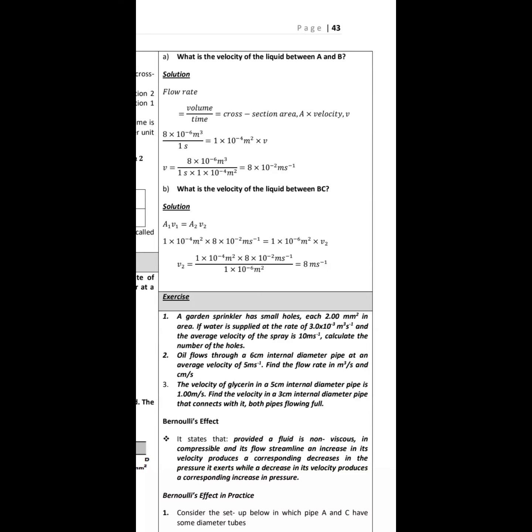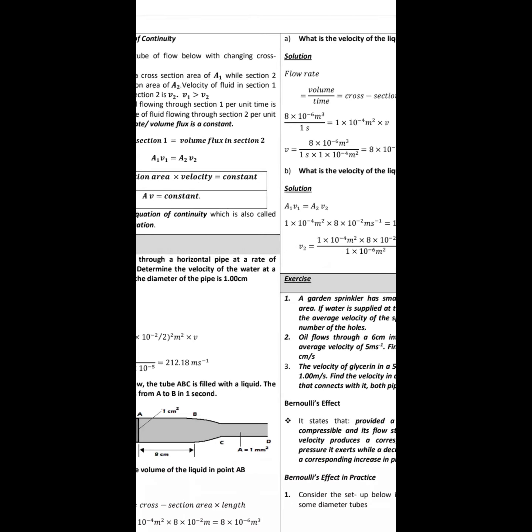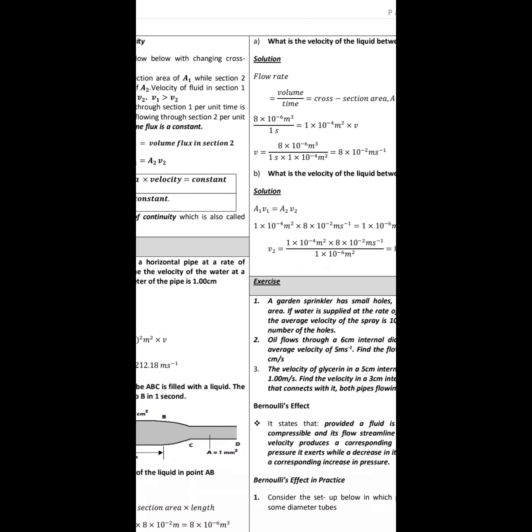We don't have velocity 2, but we have the cross-sectional area of BC, which is 1 millimeter squared.